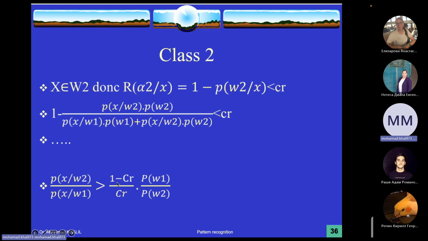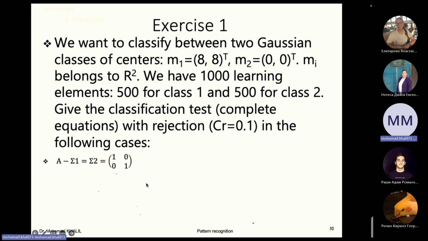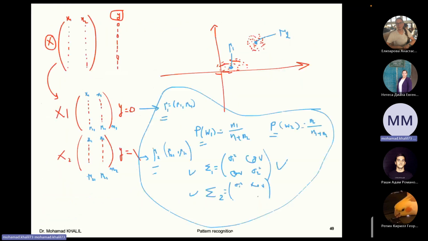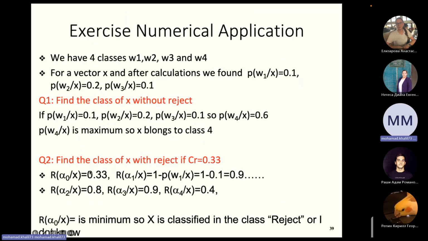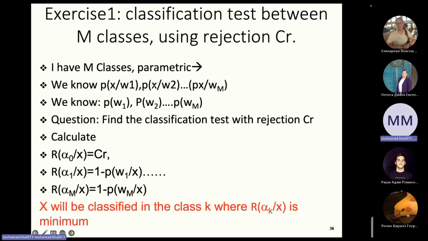Because between the two thresholds, the class is unknown. With rejection and many classes, you calculate R alpha 0, R alpha 1, up to R alpha m, and X belongs to the class where R is minimum.